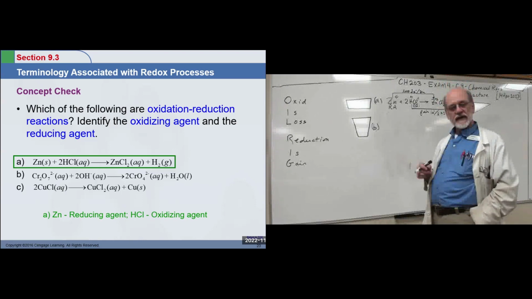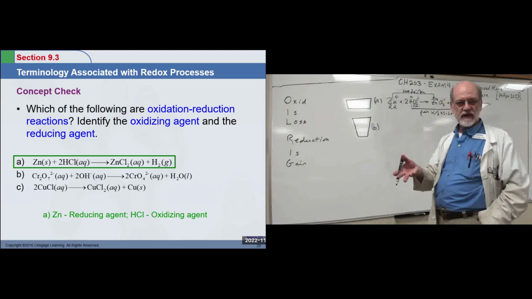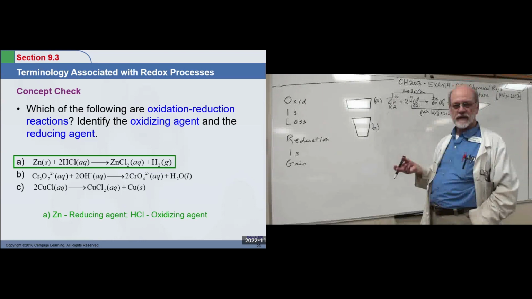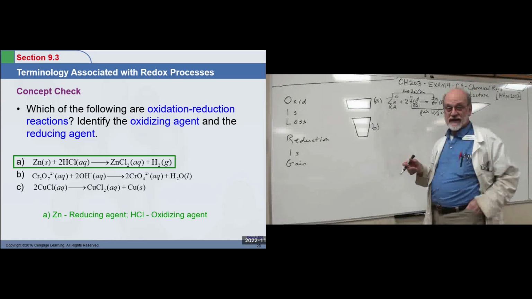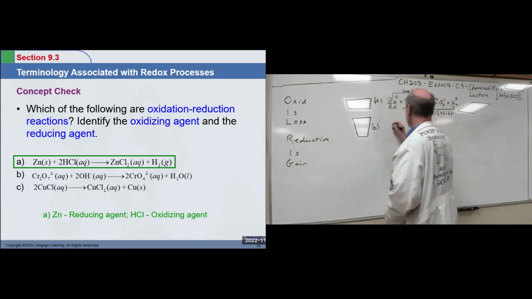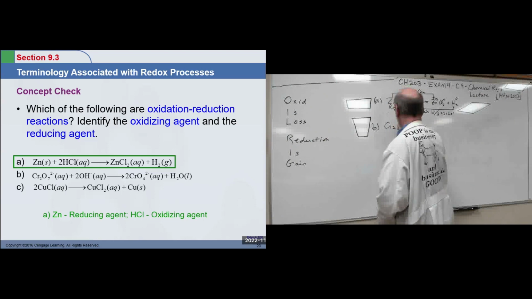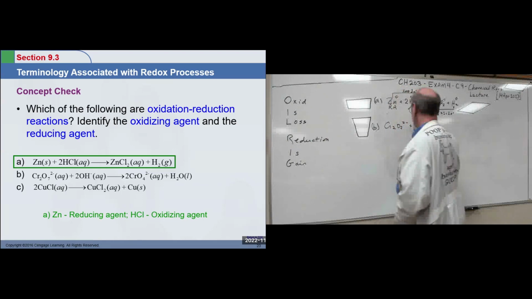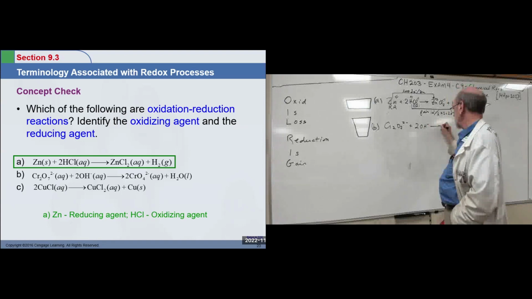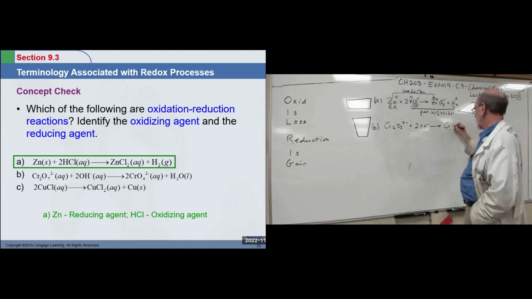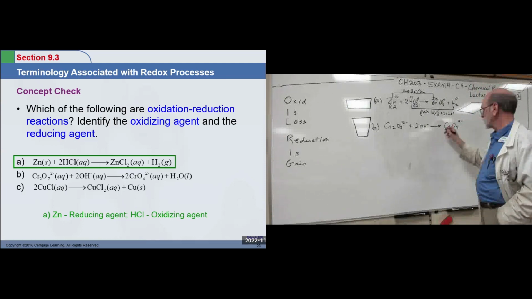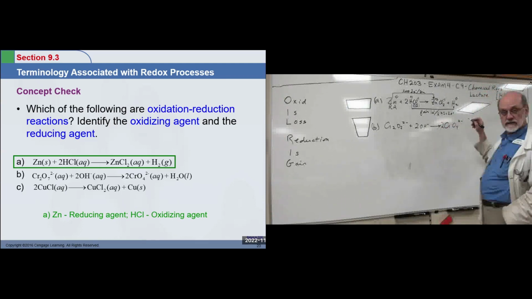But we don't have the counter cations that go with them for the hydroxyls or for the dichromates or for the chromates on the other side. And they're not necessary. Let's see, Cr2O7 2 minus plus 2OH minus yields 2 CrO4 2 minus, and H2O.